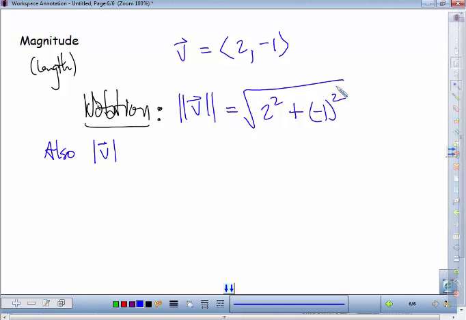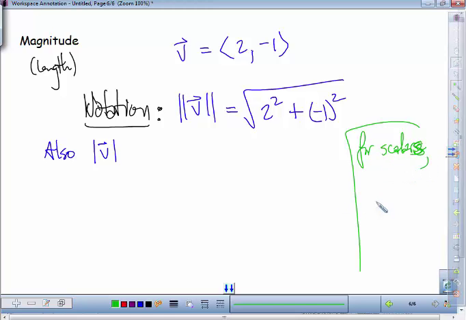Right? Another way to think about this is that for scalars, the absolute value of a number is equal to the square root of x squared. I mean, look at the number as if it was just on the x-axis in 2 dimensions.